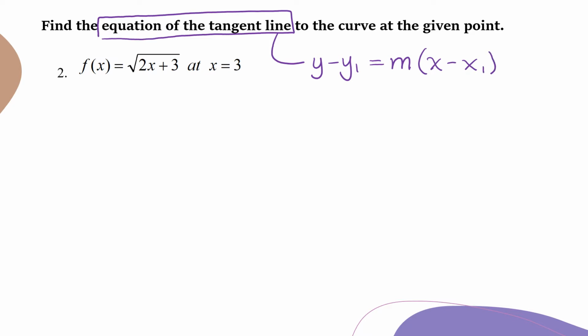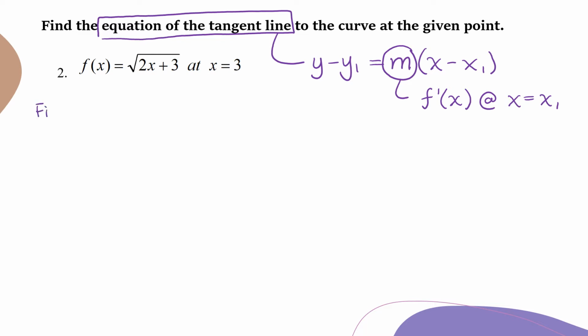So we need to find our point x1, y1, and then find our slope, which will be equal to the derivative of our function at whatever our input is for our point. So the first thing we'll need to do is find that point.